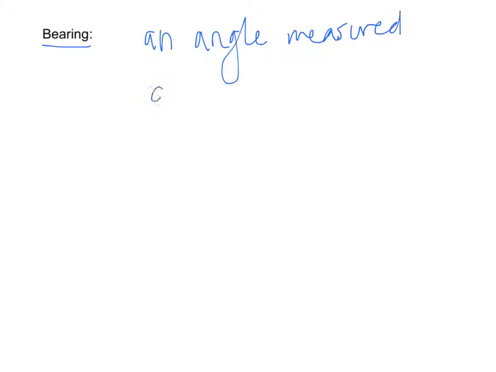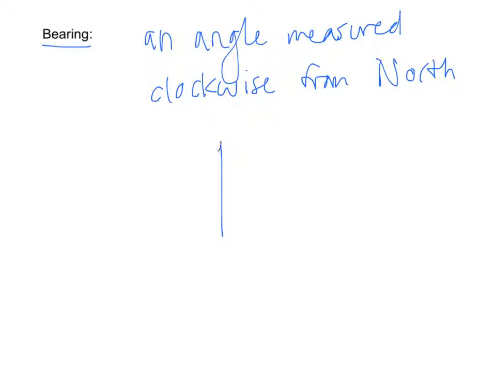A quick vocab term, bearing, is an angle measured clockwise from north. So, say on a compass, north is facing this way, and then to measure this angle, the bearing would be measured clockwise.